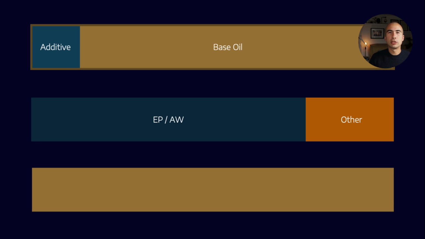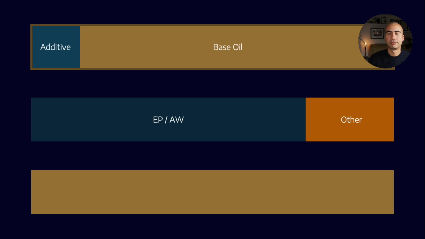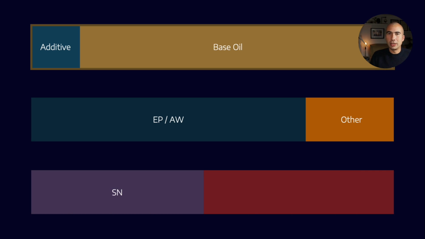Among the base oils, this is where you get quite a lot of variation. So for example, if I wanted a straight mineral base oil, maybe I would mix partially a solvent neutral group 1 as well as a bright stock, right? And using those, I could get myself to a pretty decent gear oil.